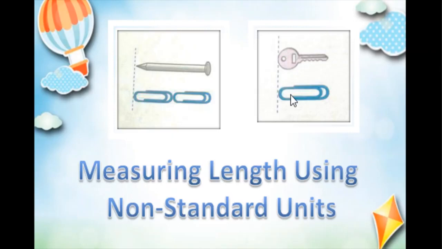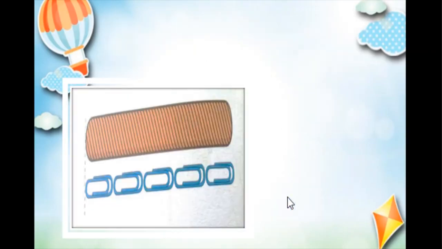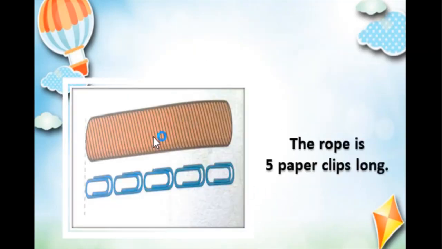We don't use any unit of measurement in measuring these objects. Okay, let's try. This rope is how many paper clips long? It's 1, 2, 3, 4, 5. So we shall say the rope is 5 paper clips long. Again, the rope is 5 paper clips long.